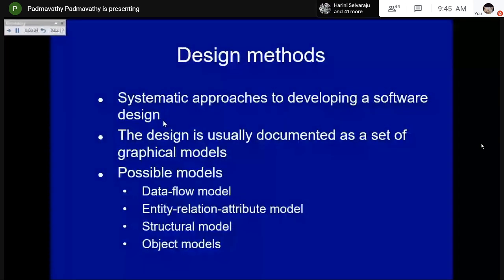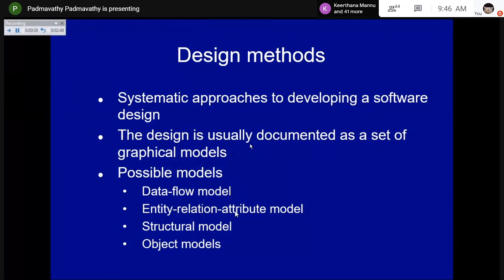So the systematic approaches for developing a software design are the various design methods. The design is also documented as a set of graphical models. Every stage of the waterfall model is documented. The possible models that are used are known as the data flow model, entity relation attribute model.